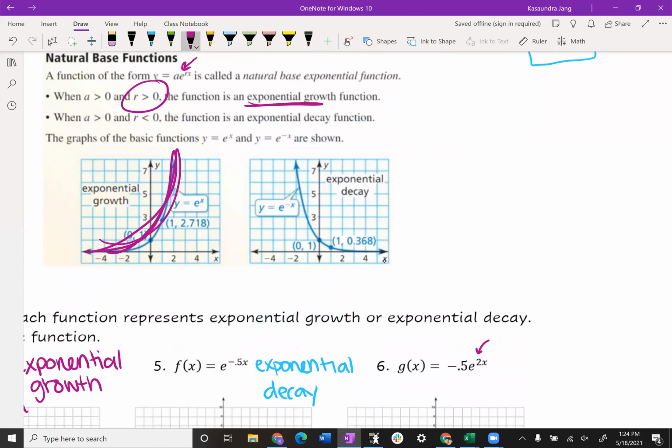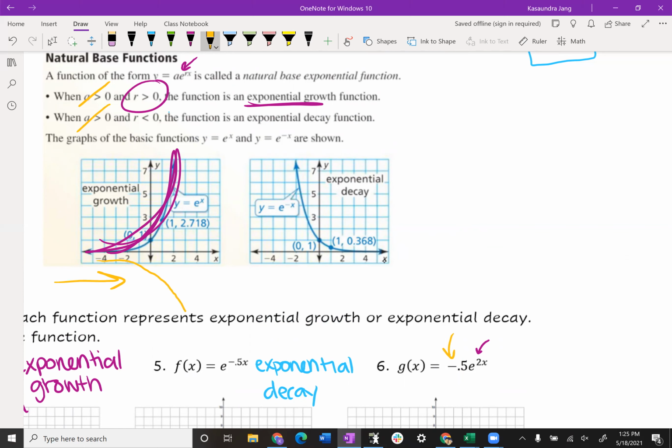But because you have this negative in front of your 0.5, that negative actually, it's not greater than 0. Both of those are out. So instead of exponential growth, it's going to give me a reflection. So it should be down here, which again, as I read left to right, it is going down and down and down.